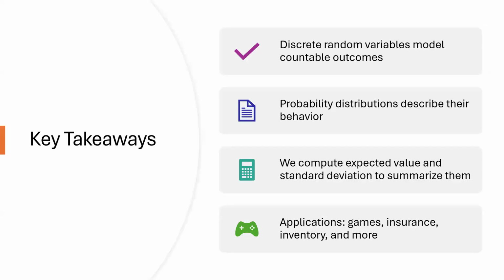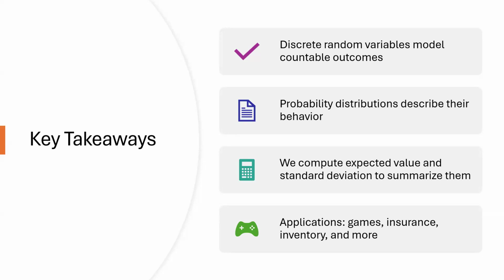So to summarize, discrete random variables model outcomes we can count, like sales or survey responses. We use probability distributions to describe how likely each value is. The expected value tells us the long-run average outcome. The standard deviation tells us how much variation to expect.